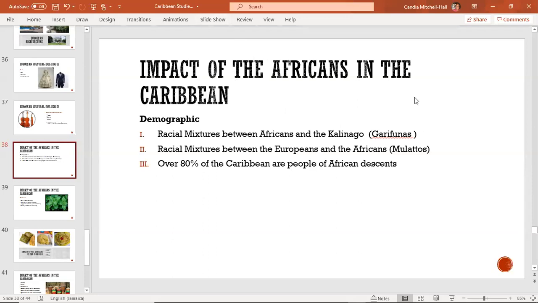We can't deny African roots. Most of you, if I ask you what's your race, you're going to tell me you're Jamaican. Your race is not Jamaican. For those of you in the class who are of African descent, you are actually African, that's your race. Your nationality is Jamaican. Africa has over 50 countries.